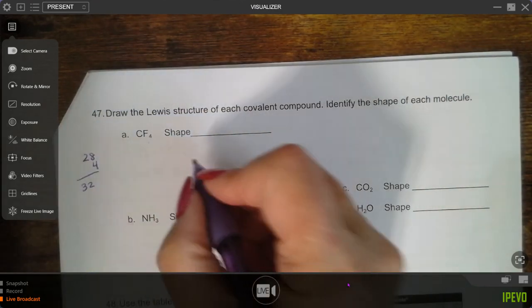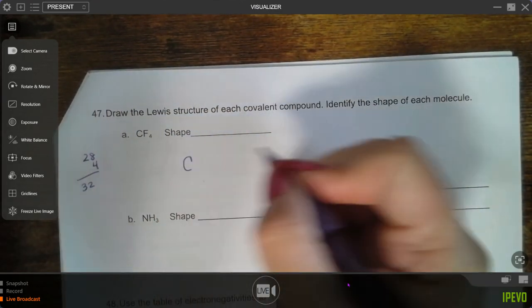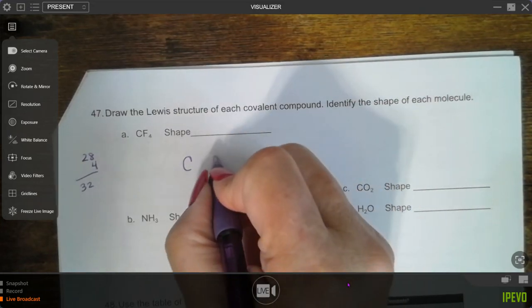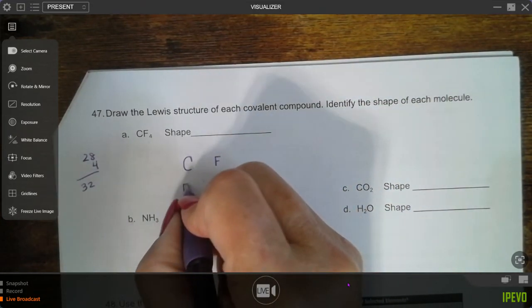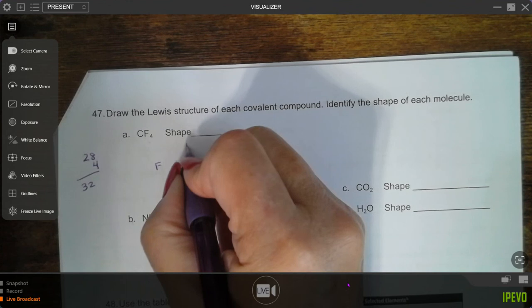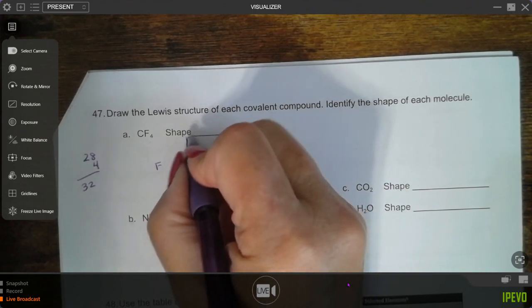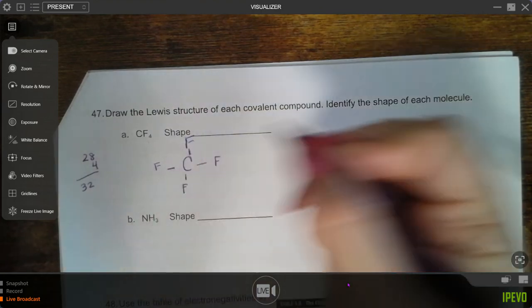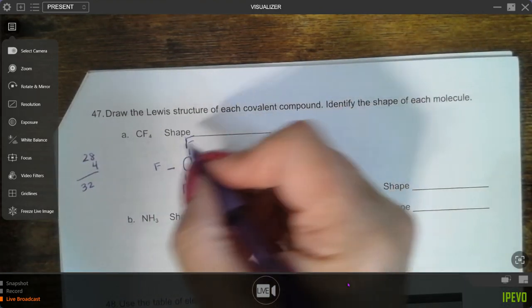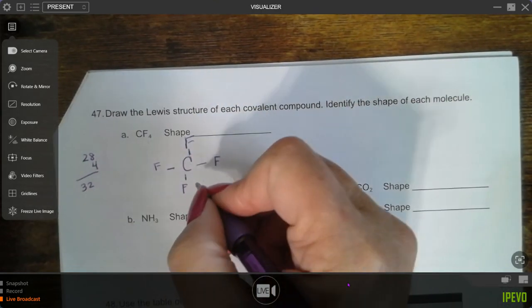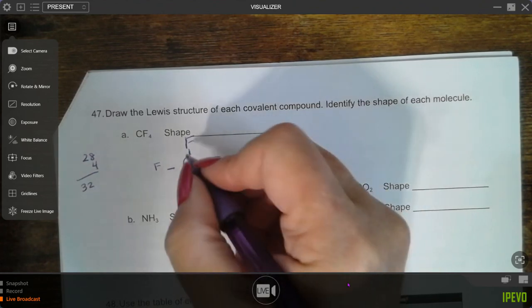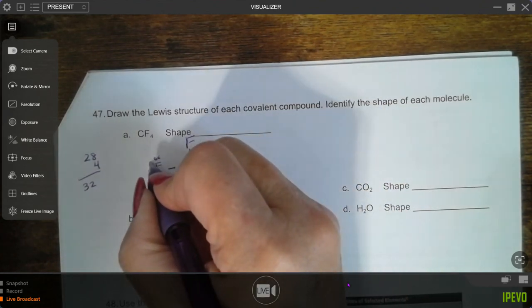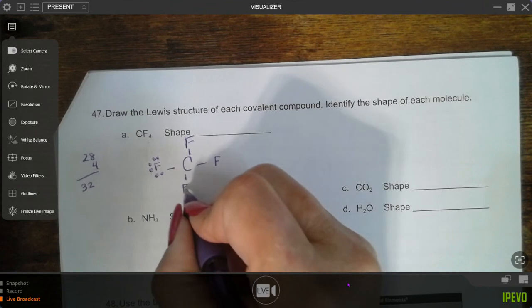All right, so remember you put the middle atom in, and you put the other atoms around it. And then you connect those with a single bond. All right, and then you make it so that each fluorine has 8 valence electrons around it, like so.